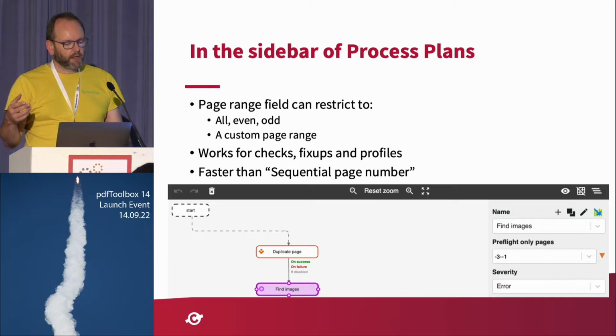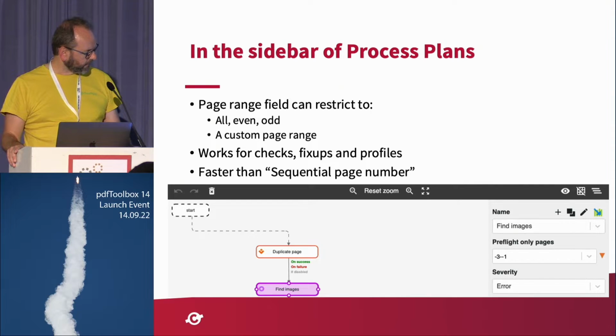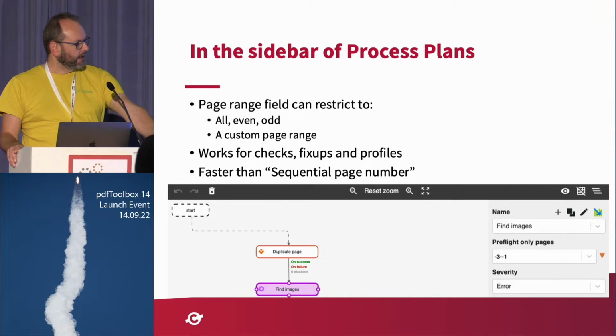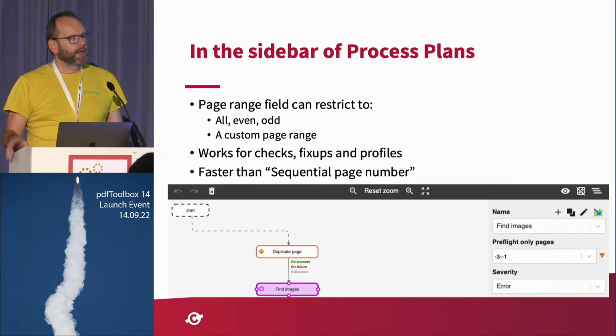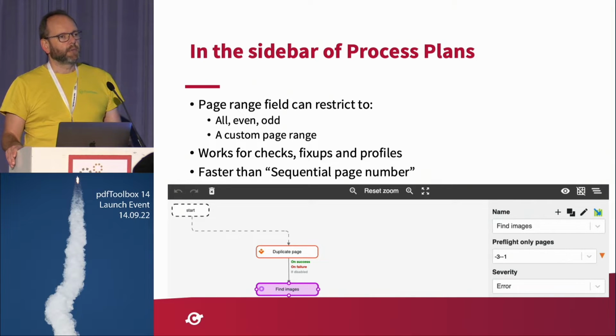So when you have a process plan, on the right-hand side, you have the properties of the object that is selected. Here you have find images. And so on the right-hand side, you have the name of the check that is selected, and then you have some other stuff. One of the things that was added is the ability to restrict the execution of a check, but also a Fixup or a profile, to a page range.